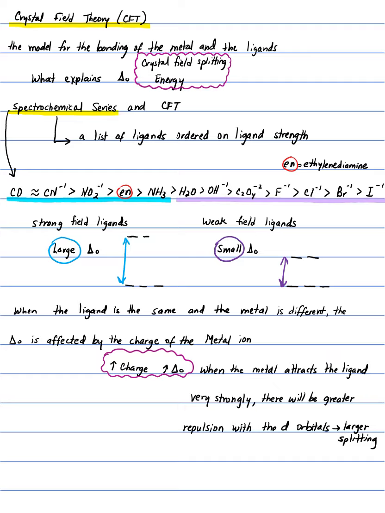When you have the atomic size, it is determined by the distance that you have between your positive nucleus and the valence electrons. Now, when you have something with a charge, like in this case we're looking at the metals, metals are always forming ions with positive charges. They're giving electrons away.